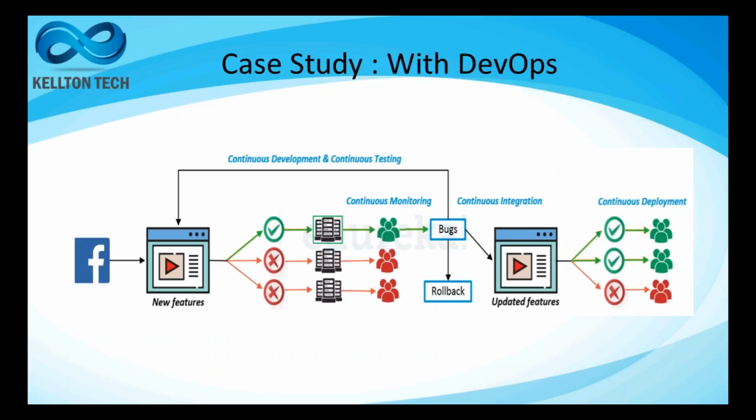The requirements go through iterative development in short sprints, and they put these features into one environment and test first. If it works fine, then they move to multiple environments and different zones to make their features available across the globe.